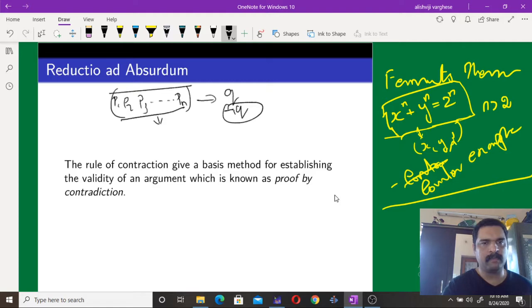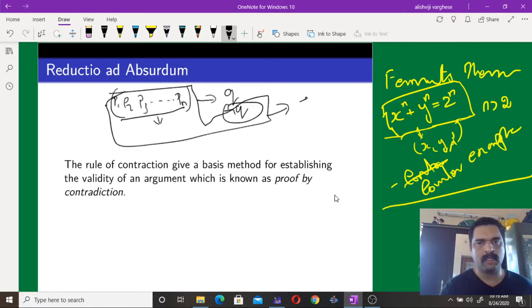Then if this combination of premises plus negation of the conclusion leads to a contradiction, it means our starting point is wrong. And the starting point is wrong only if the premises are always true.